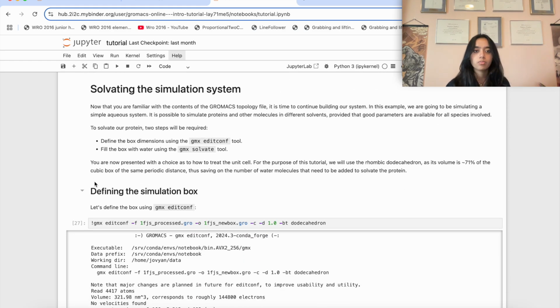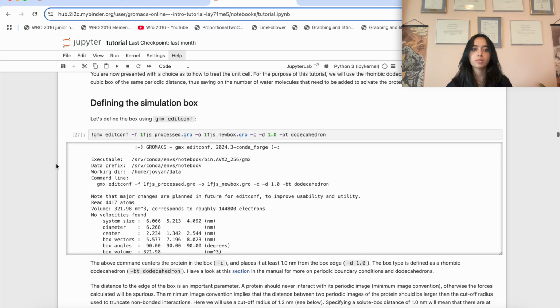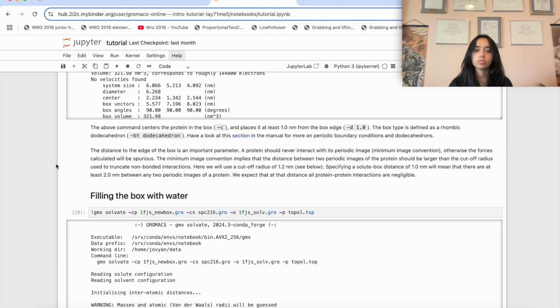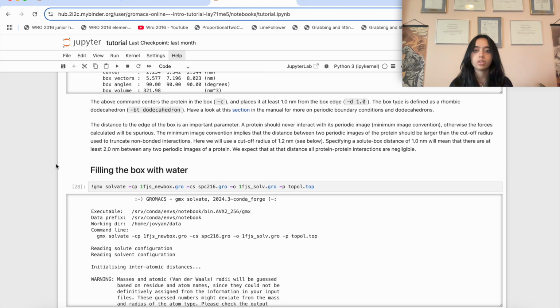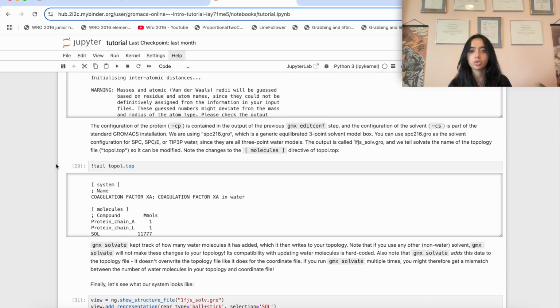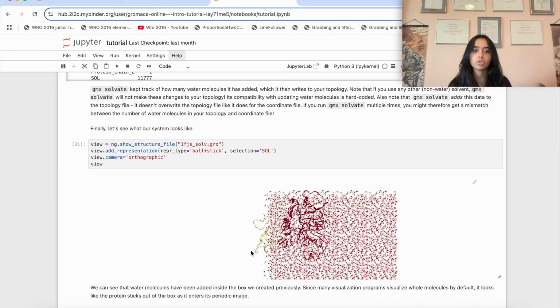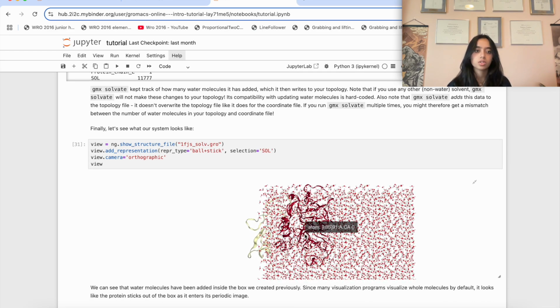The next big important step is solvating the system. Here, as mentioned earlier, we will use a simple aqueous solution with some ions. Essentially, we define a box and place the protein molecule properly so that spurious interactions with periodic images of the molecule are not introduced.